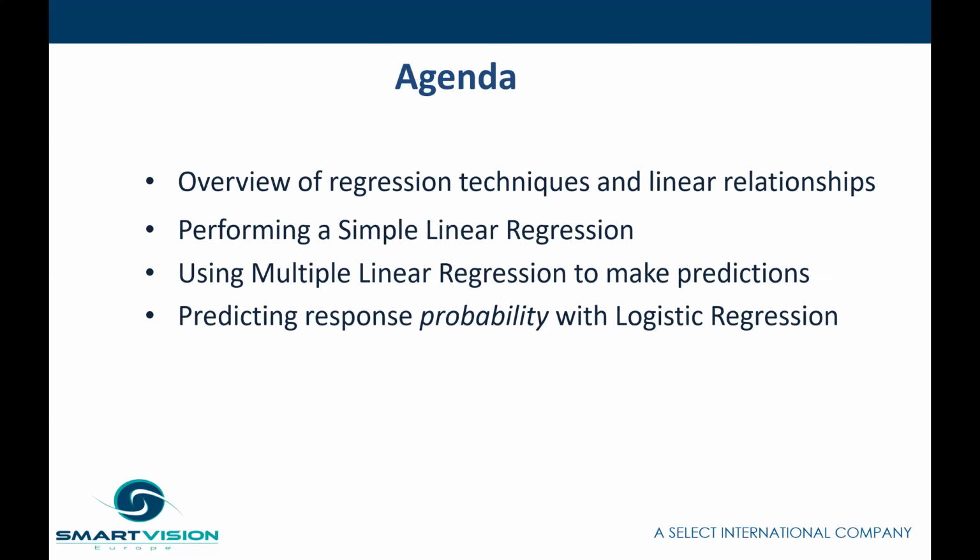And then we're going to compare and contrast that with a technique known as logistic regression, where instead of trying to predict a continuous value from a numeric variable like sales or age, we're predicting the response probability, where we've got a category variable like a yes/no outcome or a true/false outcome.